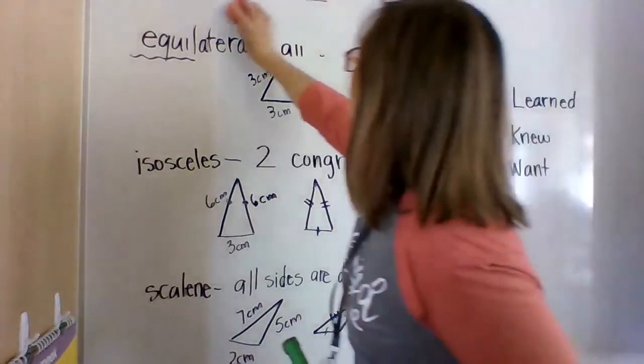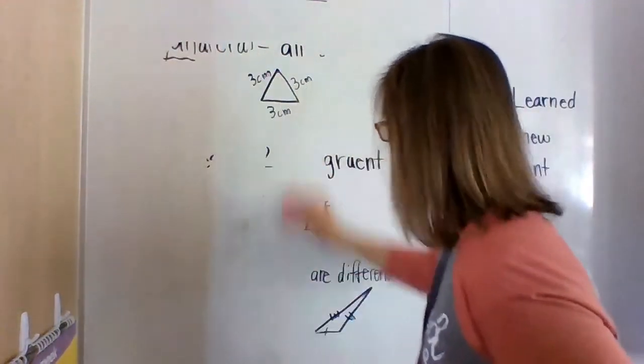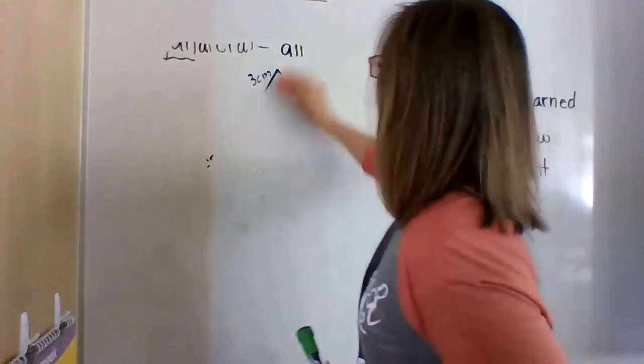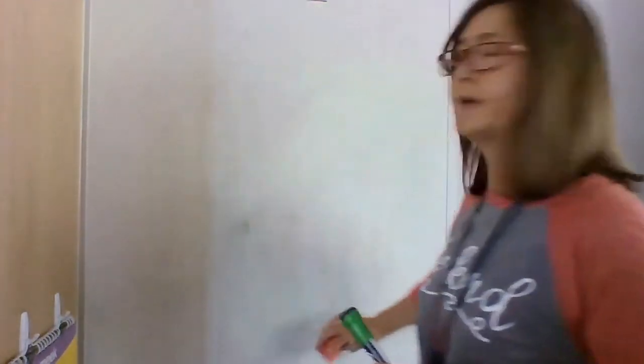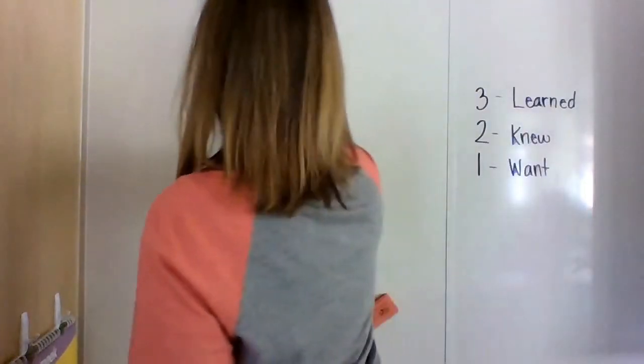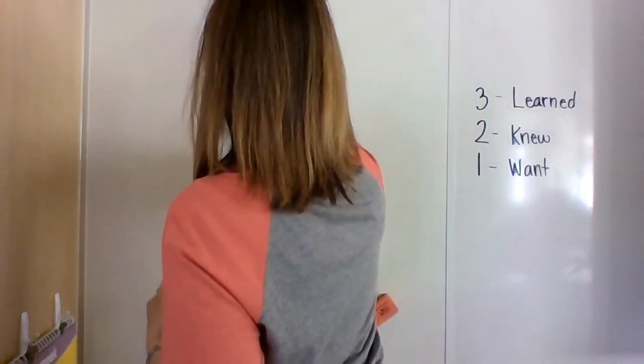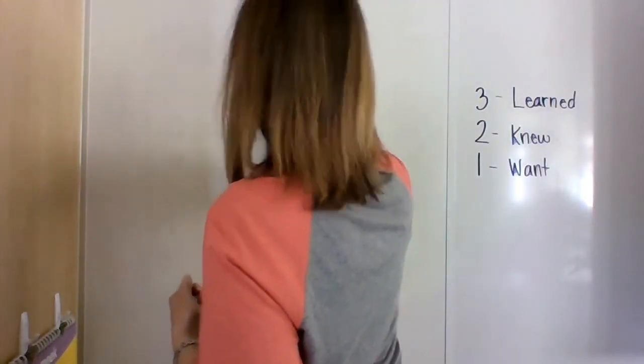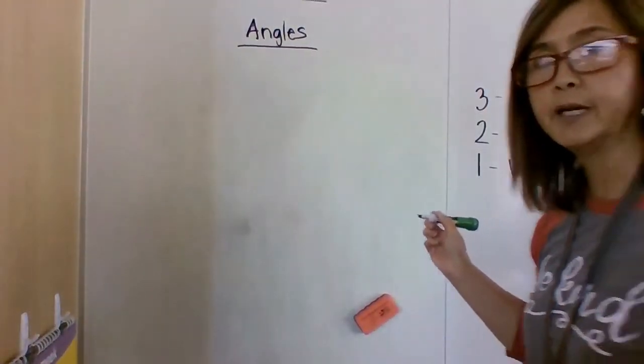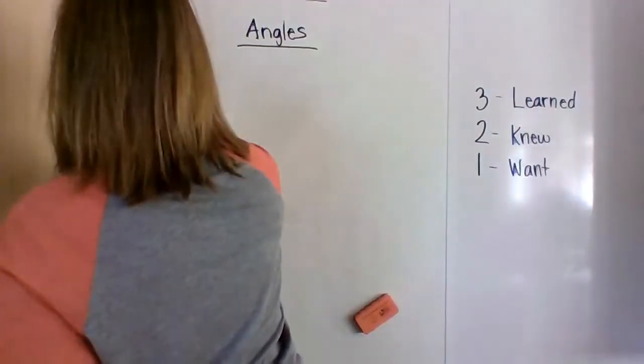Okay, now we are going to switch gears and we're going to classify triangles by their angles. So this is by the angles. The first triangle we want to look at is an acute.